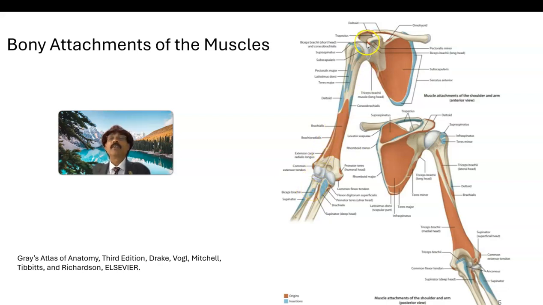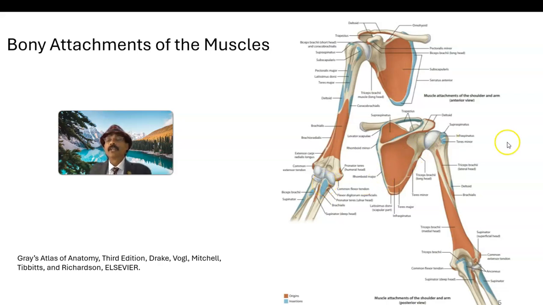We have the coracobrachialis coming from the tip of the coracoid process, inserting to the shaft on the medial aspect of the humerus. We have the brachialis muscle taking origin from the lower part of the anterior, anterolateral and medial aspects of the humerus. This inserts to the ulnar tuberosity and coronoid process.